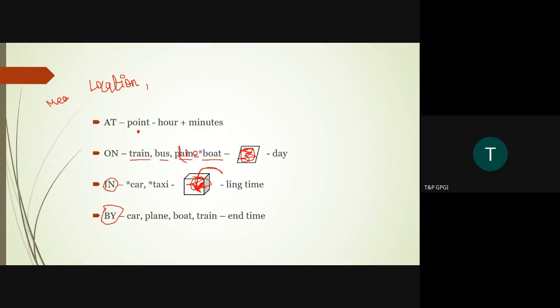Transportation mean I'll write because it's smaller and easier to write for me. Now we'll deal with time. Okay, time. So how to use prepositions for time.